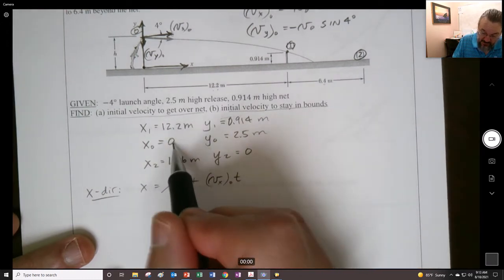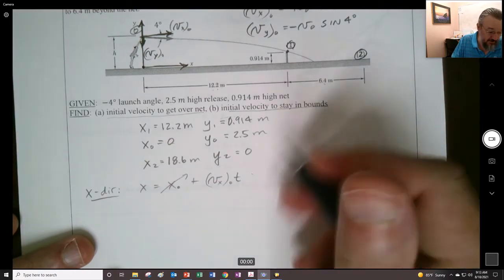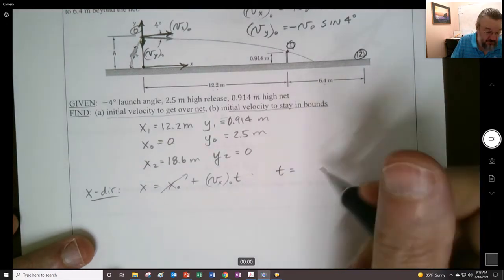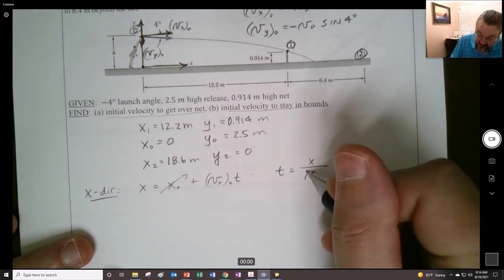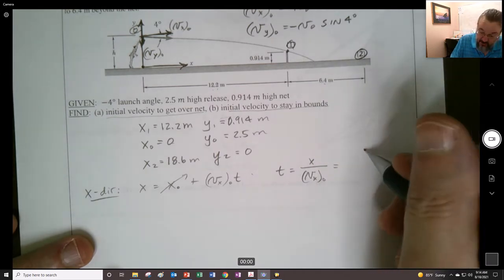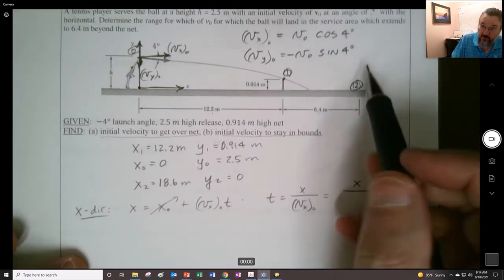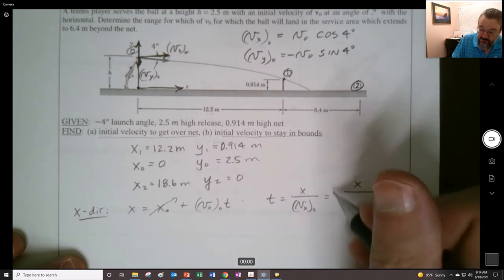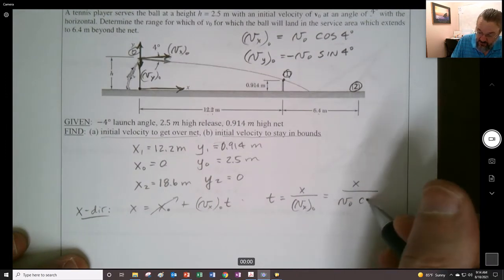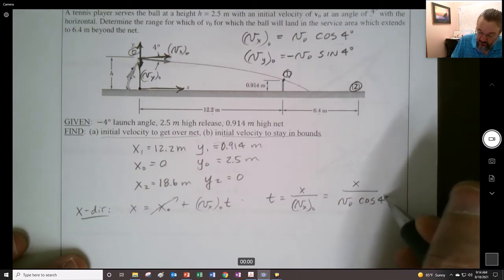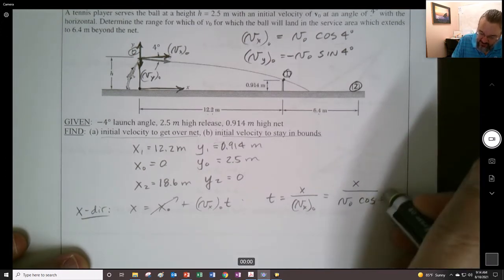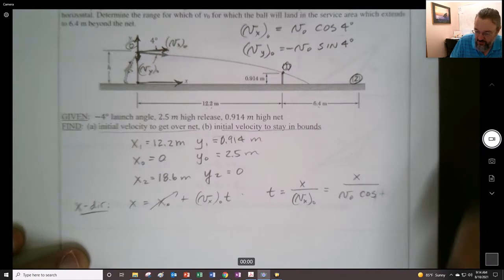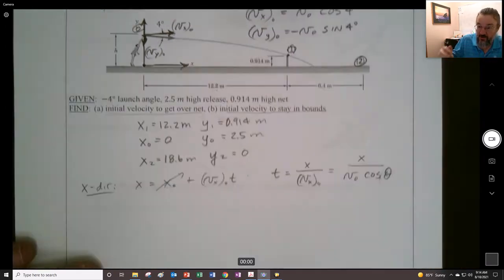But for us, x naught is 0, so it's just going to make our lives a little easier to write this out this way, where we have t equals x divided by vx naught, which we happen to be able to put in terms of v naught cosine 4 degrees. And I could probably leave this as theta for now and then put in the number later.